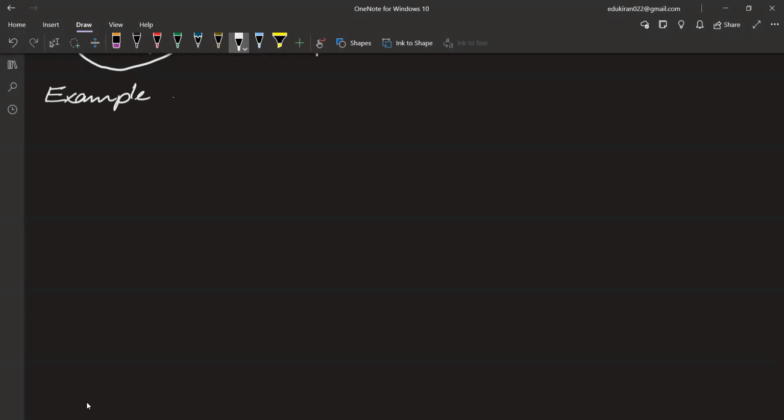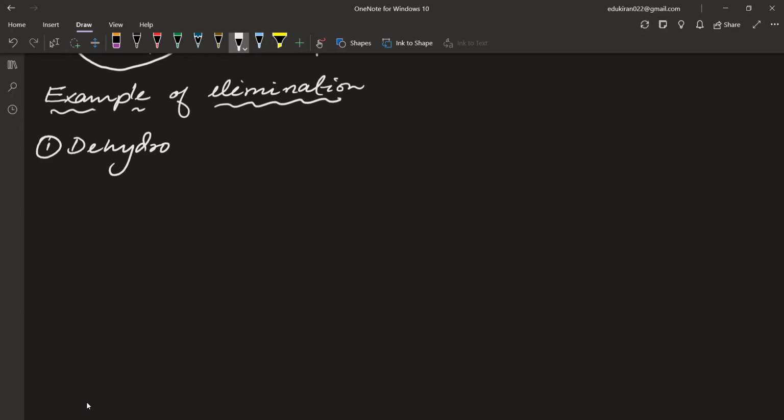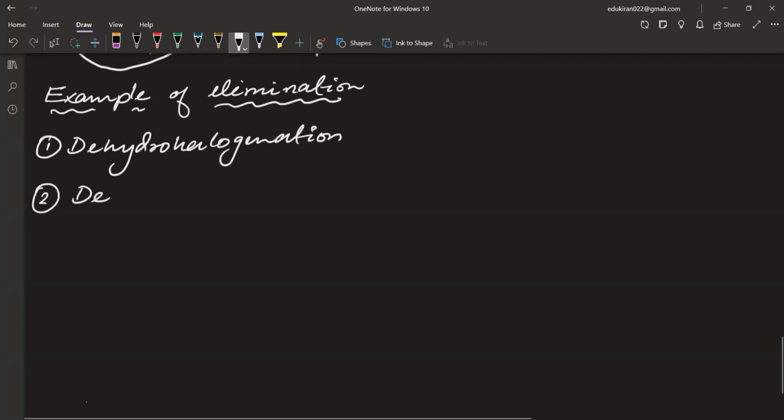There are a few examples of elimination reaction that you are going to see here. First one that we will study is dehydrohalogenation, which we will study in this chapter. Second is dehydrohalogenation, meaning what is getting removed? Hydrogen is getting removed and halogen is getting removed.